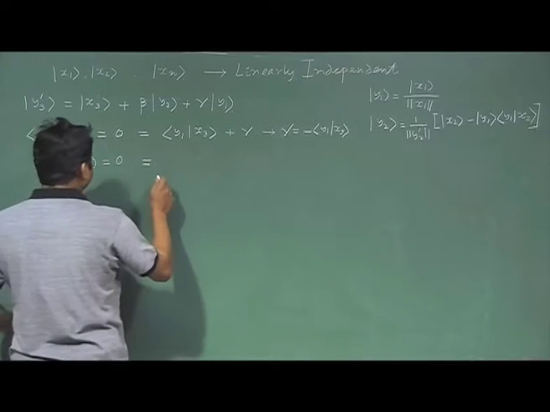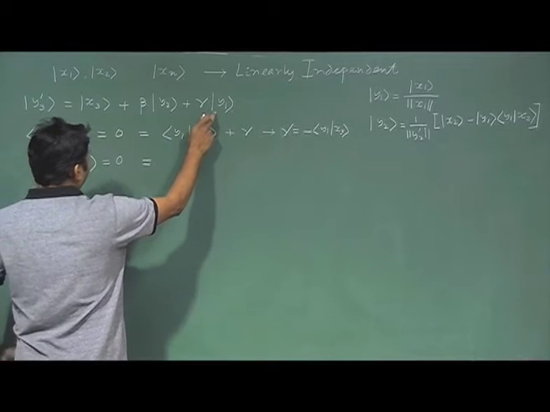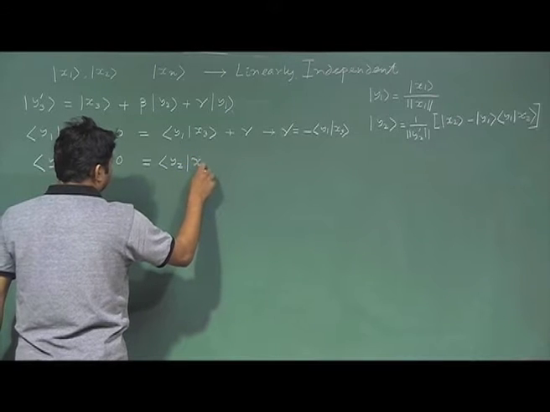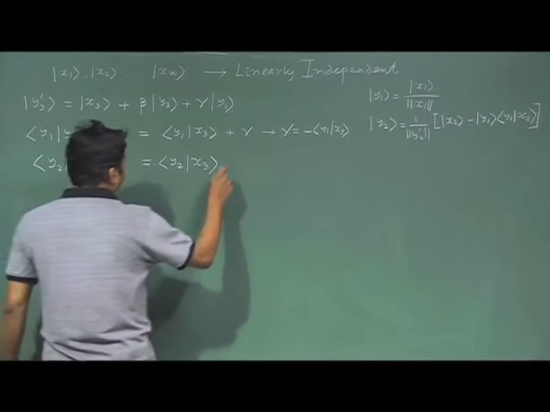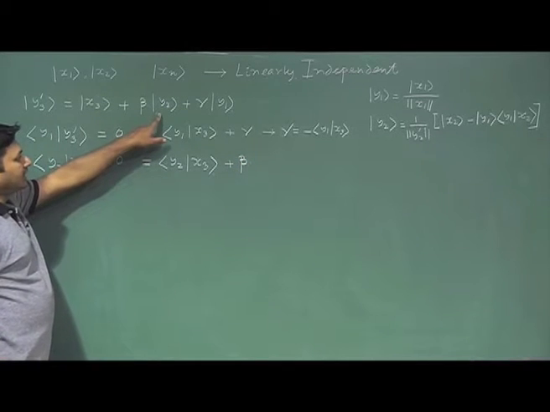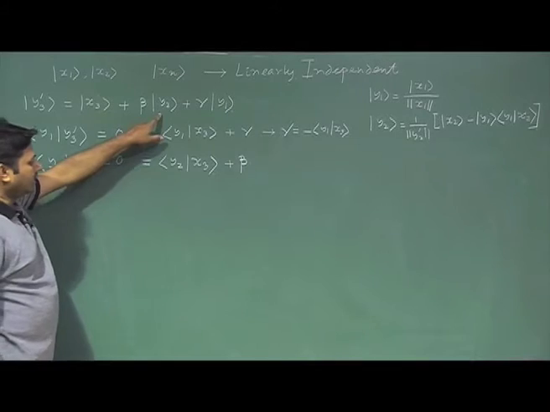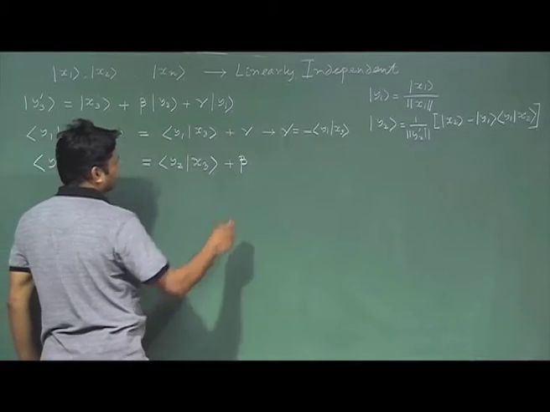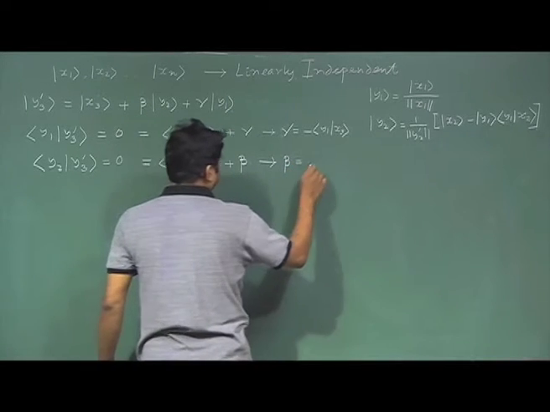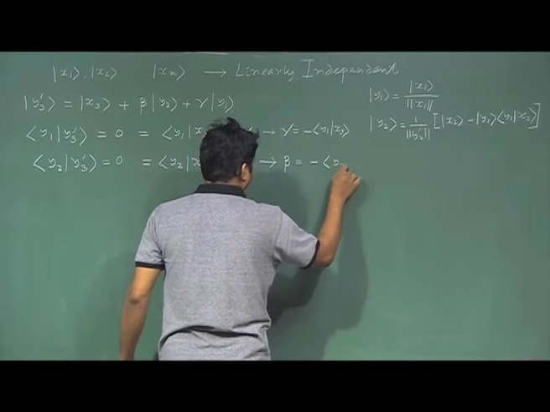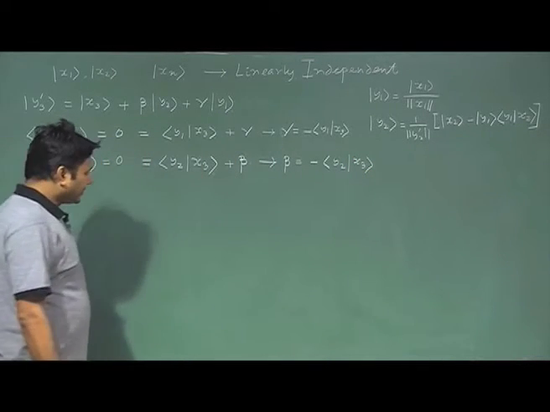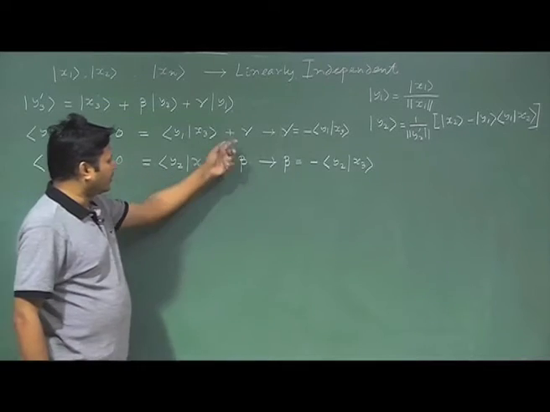It gives me, if I operate, this term is going to vanish. The first term will be this, and the second term will be simply beta, because y2 y2 will be 1, and this term is going to vanish. So, from here also I can find my beta, which is this. So, I can construct my alpha, construct my gamma, construct my beta.